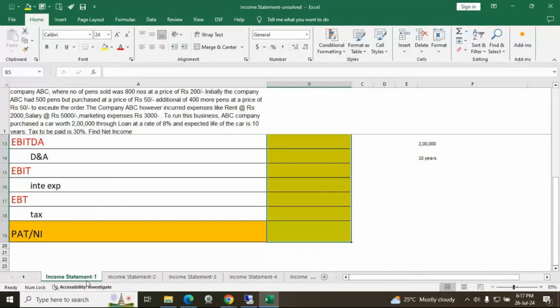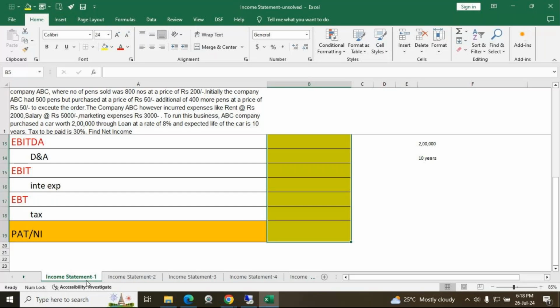It provides us the income which we have at the end of the year after we deducted all our expenses. Yes, very good. Anyone else? So that's it about the income statement.